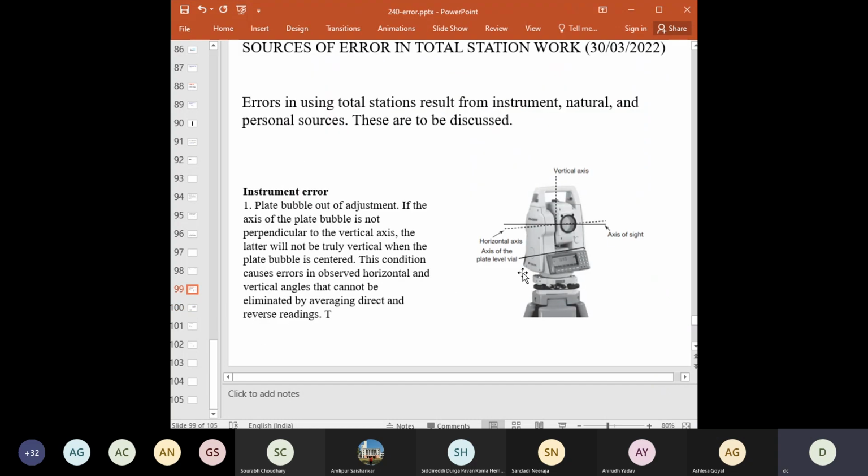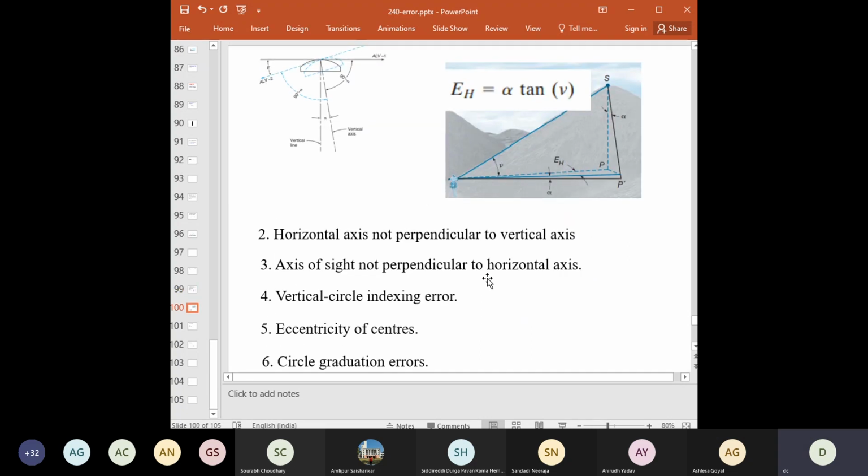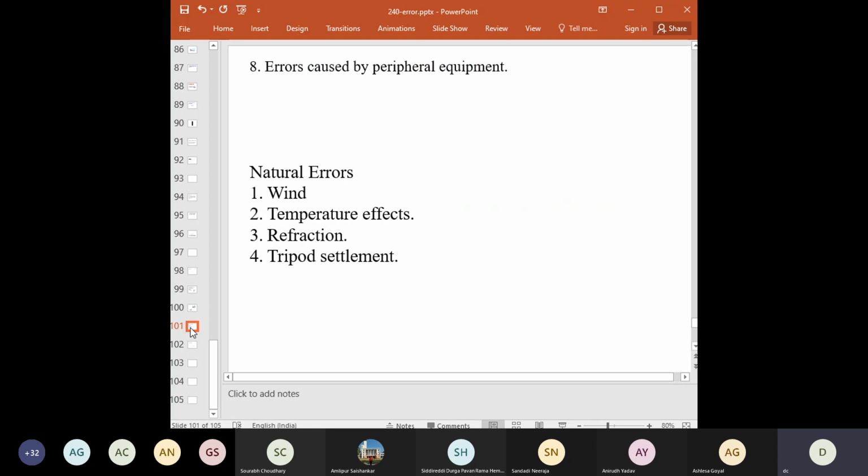Whole run of the instrument means that in horizontal angle I rotate it and start from anywhere to anywhere, and in vertical angle also I set 0 somewhere and then take the reading. So the whole vertical circle is used for taking averages to reduce the error due to circle graduation errors. And the last of the instrument errors is errors caused by peripheral equipment.